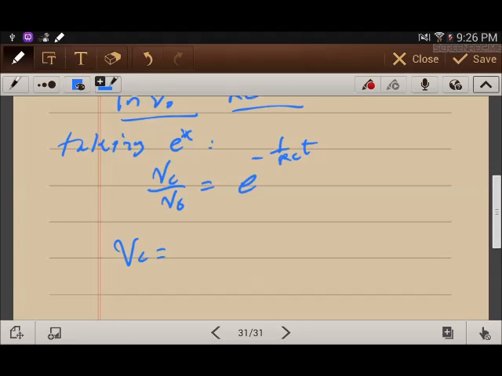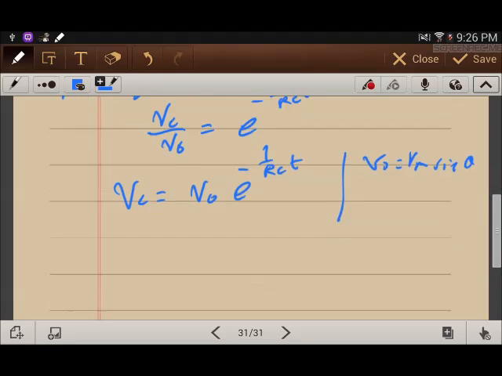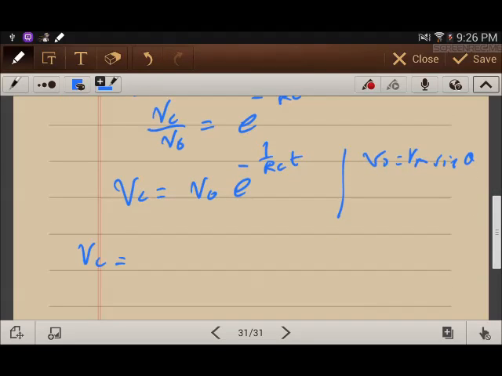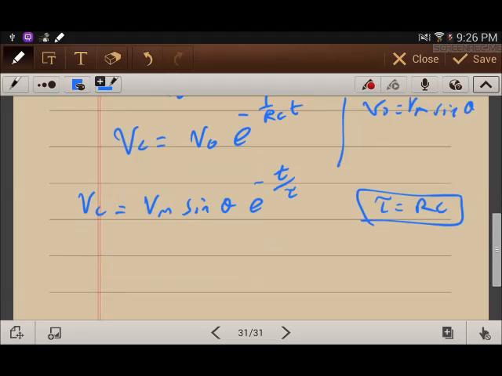So VC is equal to V output e to the minus 1 over RC t, and we know that V output is equal to V maximum sine theta. So we will get VC equal to V maximum sine theta e to the minus t over tau, and tau is equal to RC, which is the time constant.